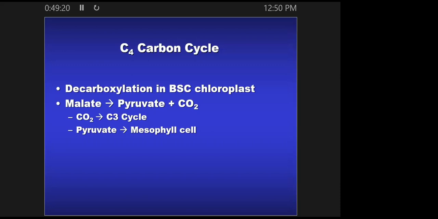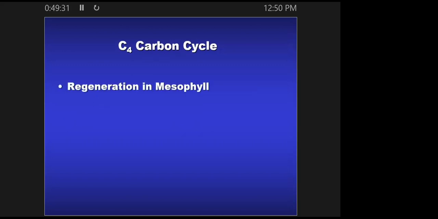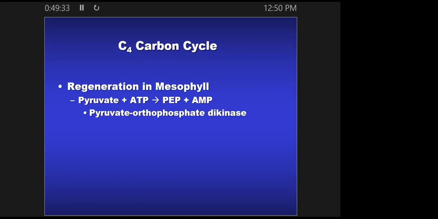Okay, so this is the decarboxylation step in words. Decarboxylation just means you're cleaving CO2 off malate and feeding that into the Calvin cycle. And then the regeneration is to get that pyruvate to regenerate into PEP, which is going to take ATP.